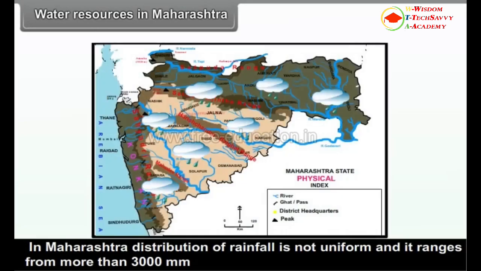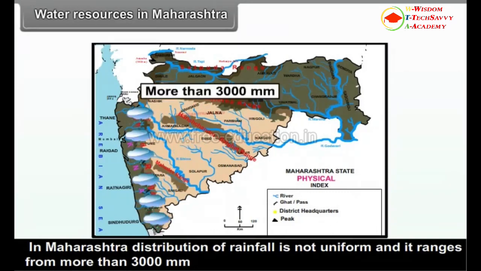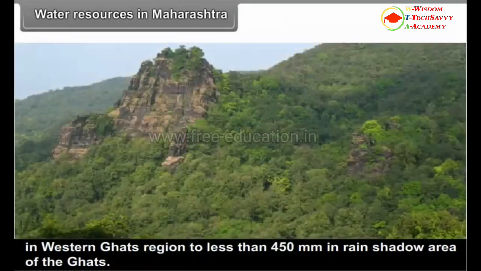Water resources in Maharashtra. In Maharashtra, distribution of rainfall is not uniform, and it ranges from more than 3000 mm in the Western Ghats region to less than 450 mm in the rain shadow area of the Ghats.